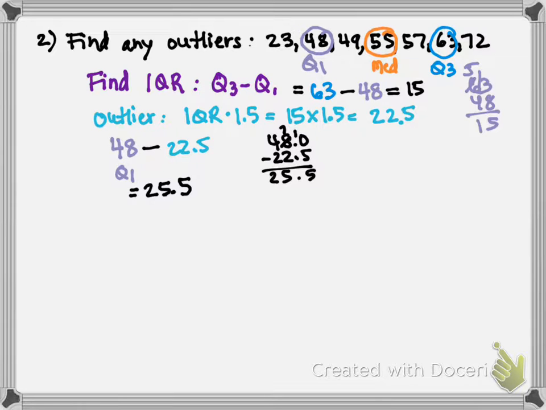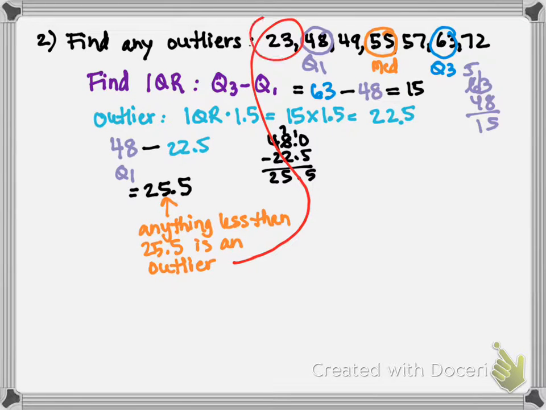Okay? So it says anything smaller or anything less than 25.5 is an outlier. So if you look back through your set of data, do you see a number that's less than 25.5? I do. Whoop. So that tells us 23 is an outlier.